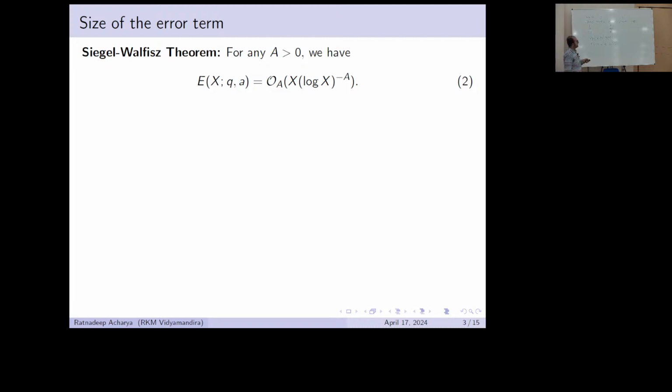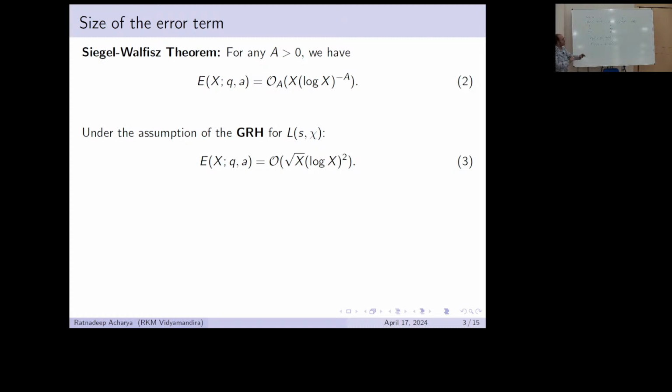Okay. Next result. This holds for any positive A; A is arbitrary. Up to now, q is fixed.